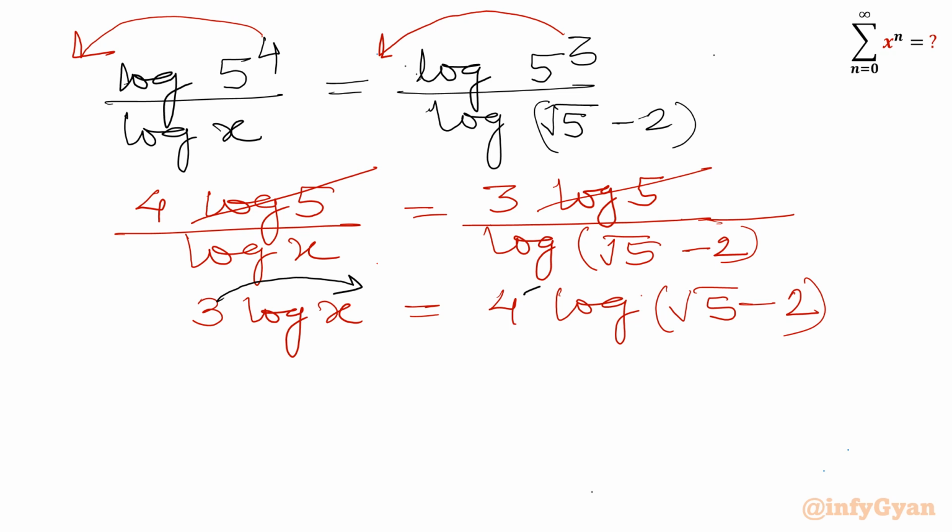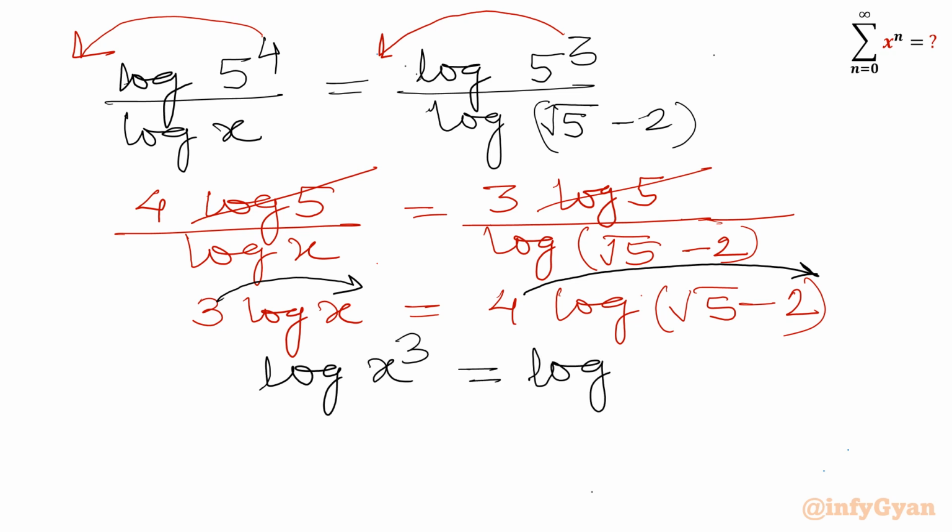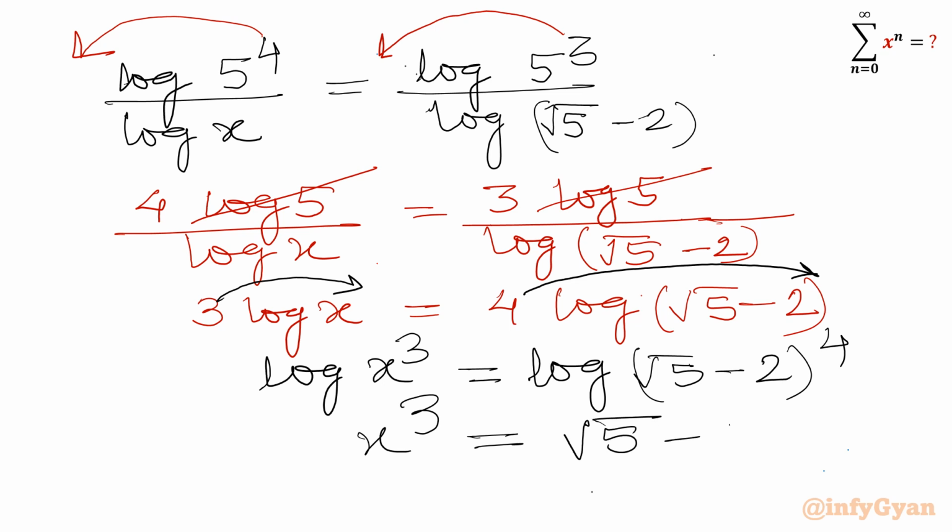Similarly, this 4 I will take as a power of root 5 minus 2. So I can write log x cube equal to log of root 5 minus 2 whole power 4. Log a equal to log b, then a equal to b. So we can write x cube equal to root 5 minus 2 whole power 4.